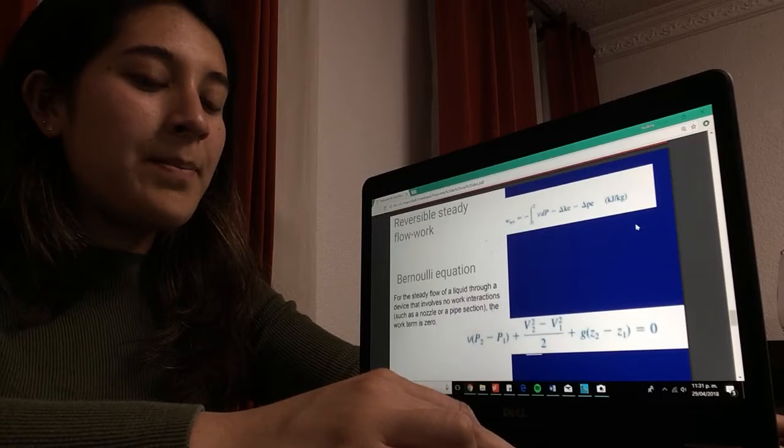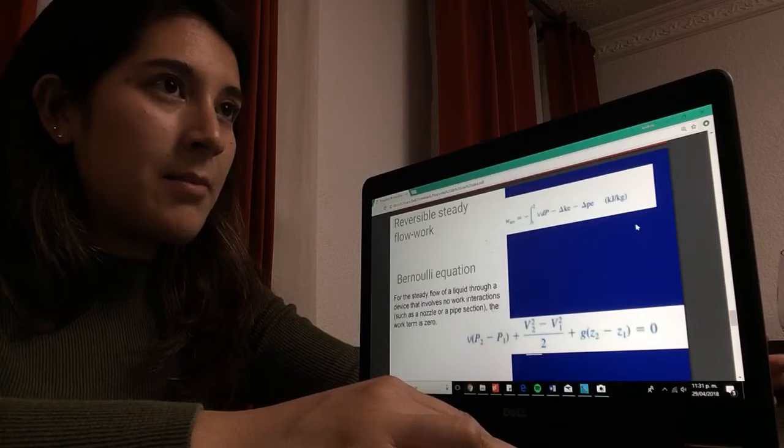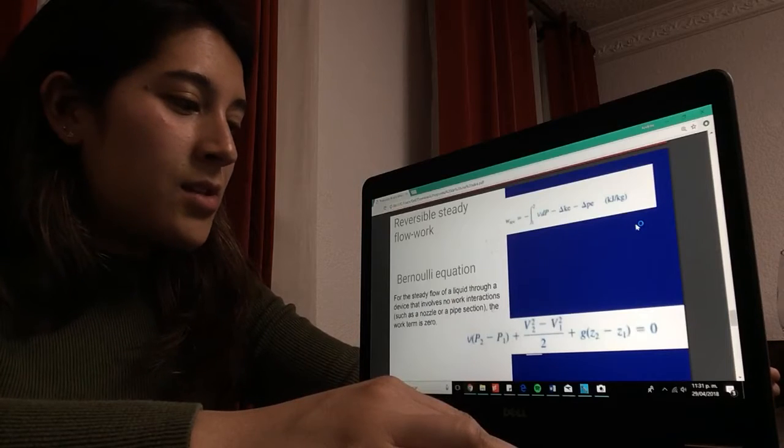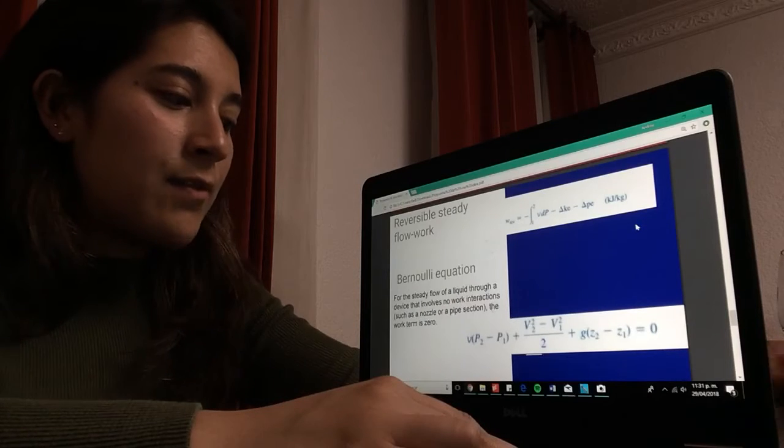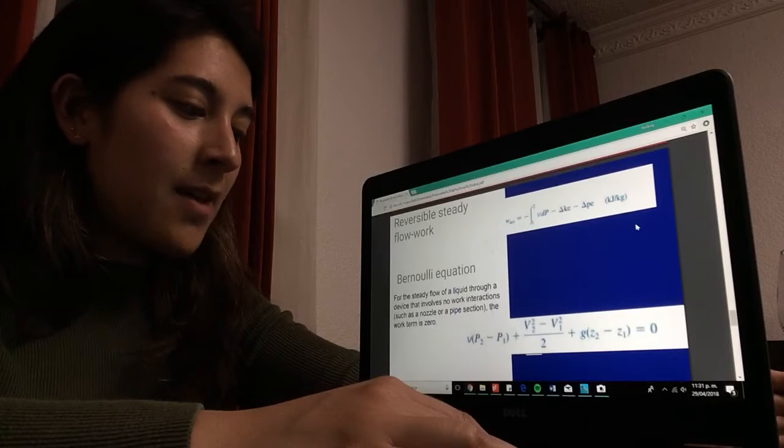And there's a process that is called the Bernoulli equation. So it's whenever we have a steady flow of a liquid through a device that involves no work interactions.